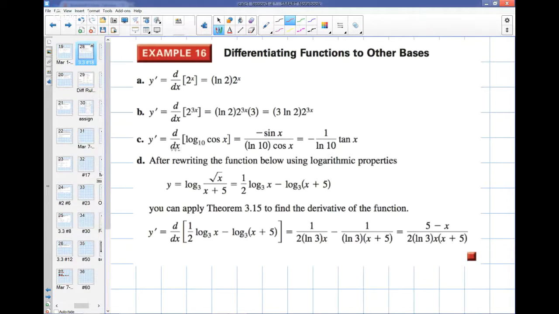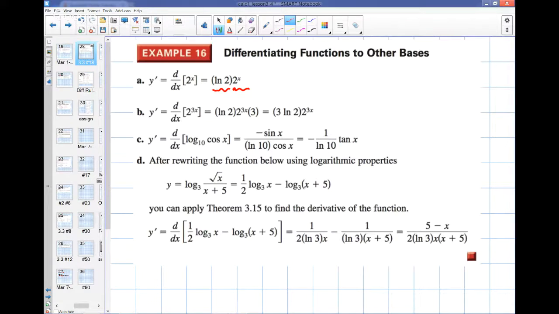If you want to take the derivative of a function like 2 to the x, except they wrote it in the opposite order, it's itself times the natural log of its base. They have the multiplication the other way, but anyway, there's a quick example of that.